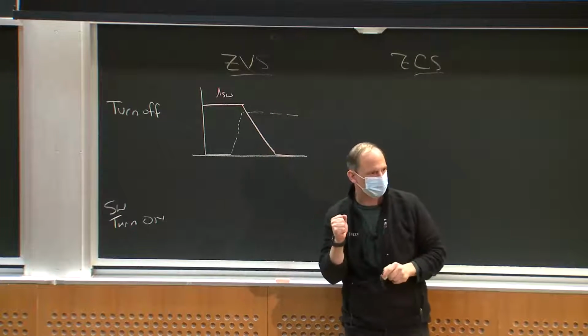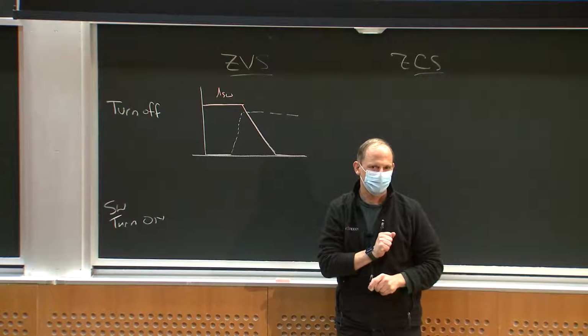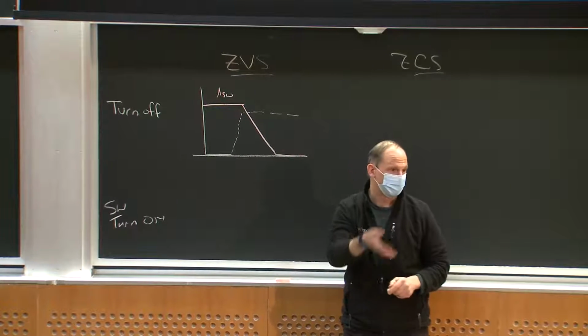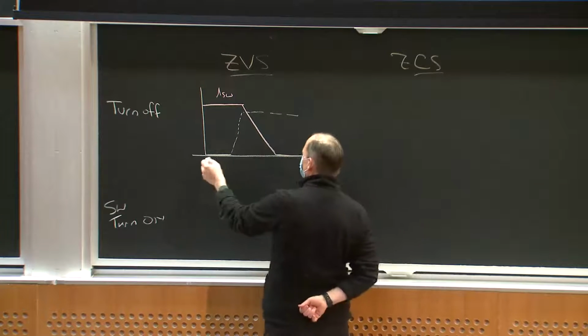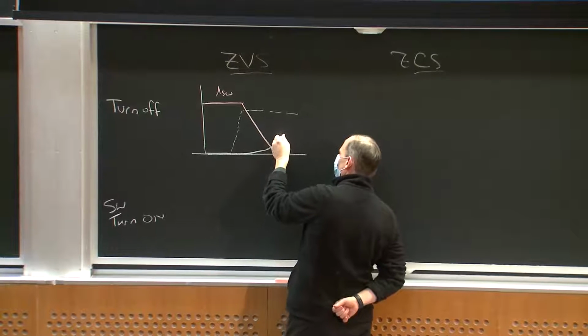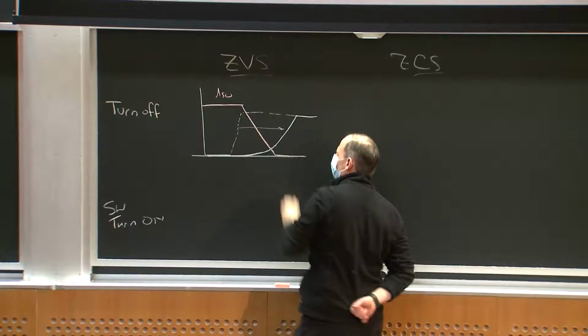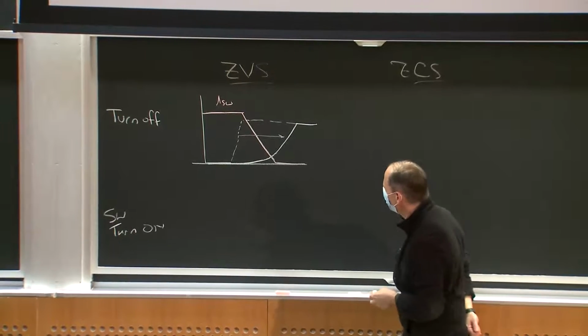To do a soft switch transition, we want to somehow delay the voltage rise, which we can do by putting a capacitor across the device. Then we'd see a voltage rise that does something like this, and we would delay the rise.